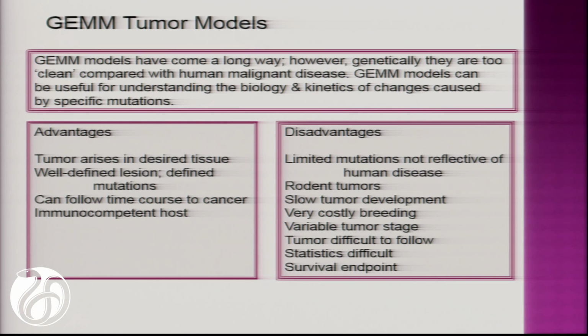So they often, these days, have at least 2 genetic alterations in them. And the thought is that if they get passed, there will be more mutations as time goes on because they're more genetically unstable. However, they're clean. They don't represent a patient who may have lung cancer from a long history of smoking, for example.